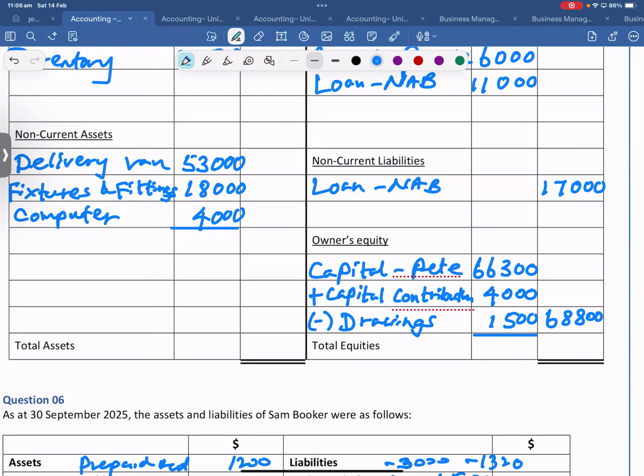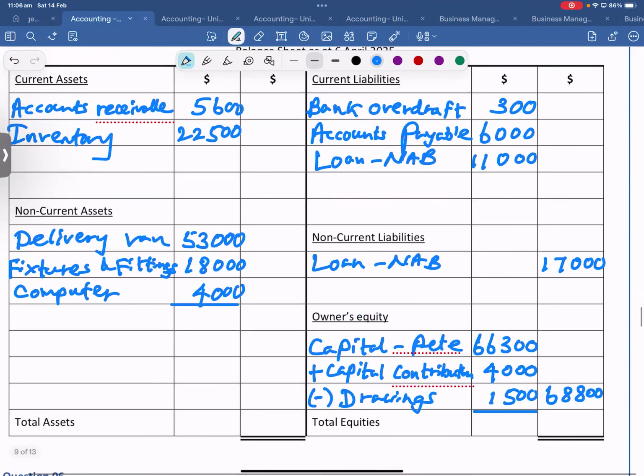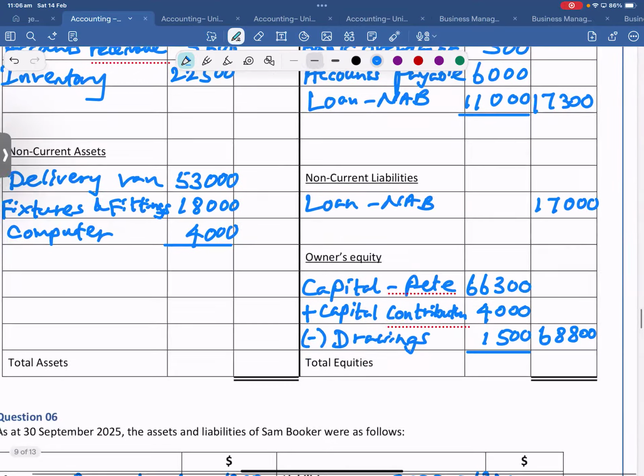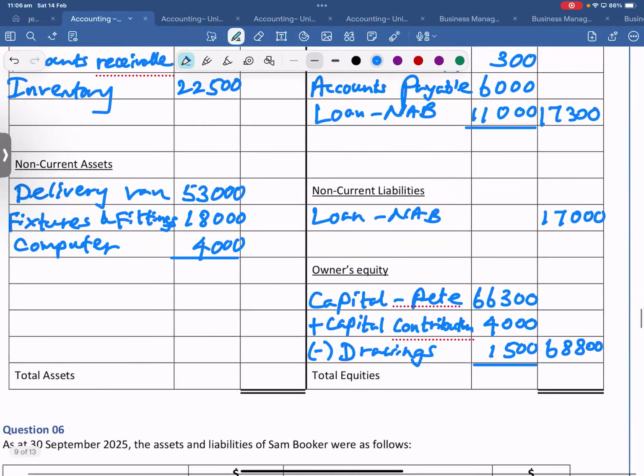All right. Then current liabilities I'm getting 17,300. So for total equity and liabilities I'm getting 103,300.